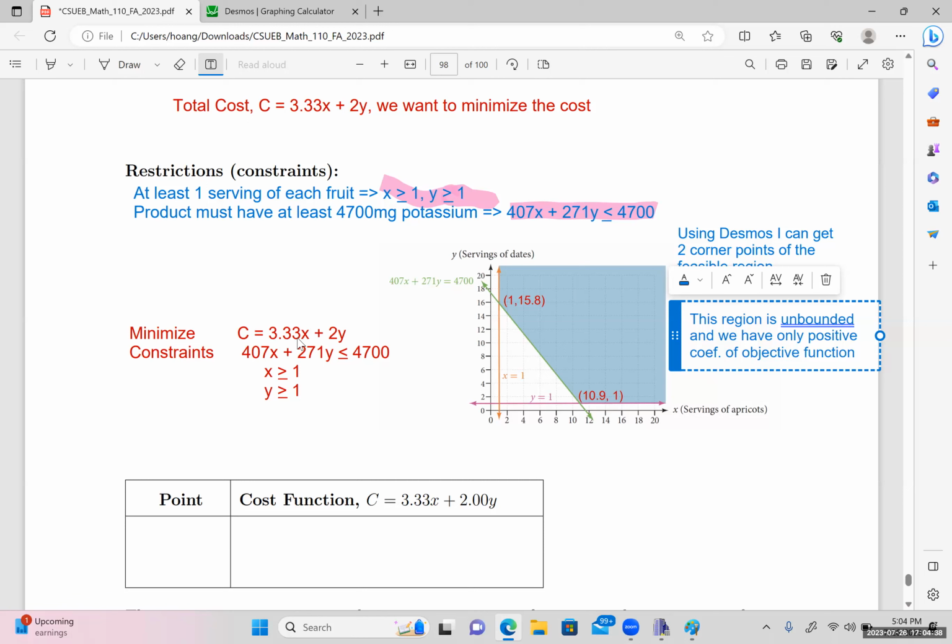We just have positive 1, 3, 2 and 2. Then we must have a minimum. Use this as the green one. Okay.